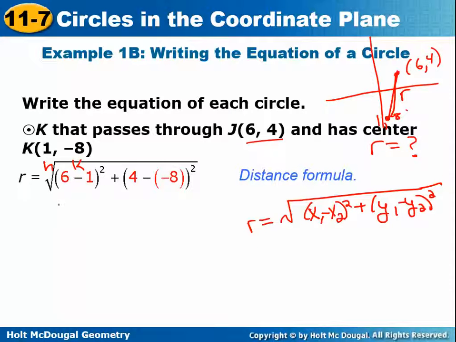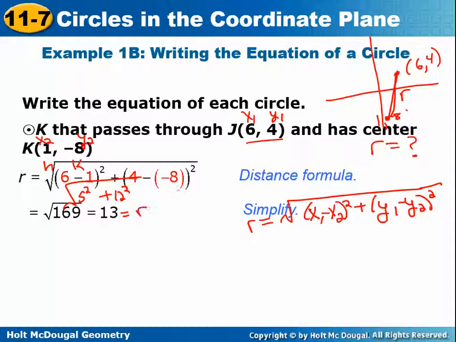So r is equal to the square root of (6 minus 1) squared, that's 5 squared, plus (4 minus negative 8) squared, which is the same as 4 plus 8. Then we simplify: 25 plus 144 is 169, and the square root of that is a nice whole number, 13.